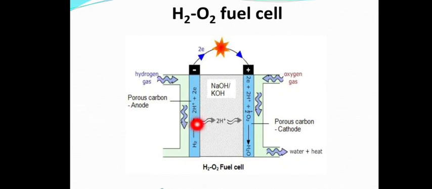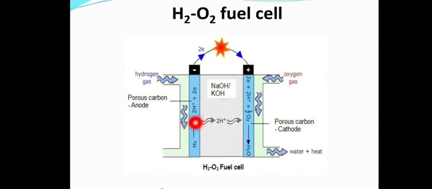Hydrogen is undergoing oxidation, losing 2 electrons. These 2 H plus ions travel to this side, and these H plus ions, taking electrons, combine with oxygen to form H2O. Electrons are traveling from this to this.